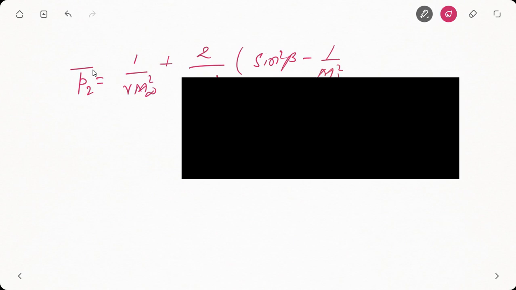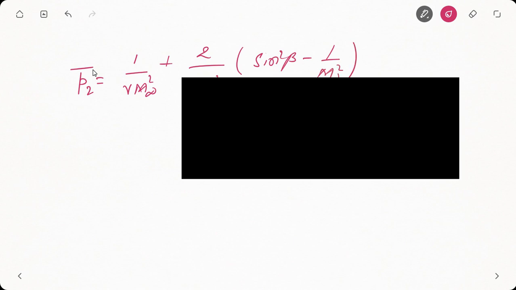This yields P2 bar equal to 1 by gamma M infinity square plus 2 upon gamma plus 1 times sin square beta minus 1 upon M infinity square.